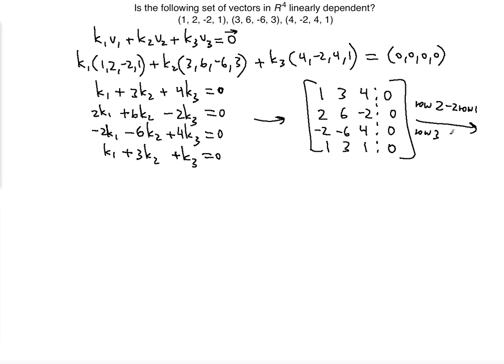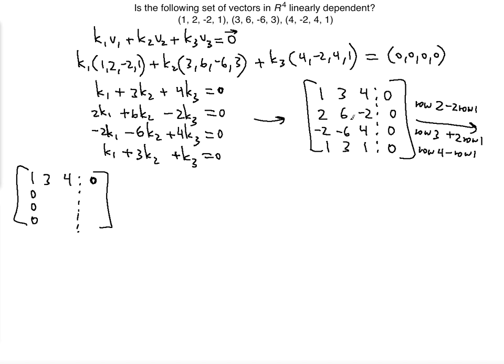Row 3 plus 2 times row 1, and simply subtract row 1 from row 4, so row 4 minus row 1. As a result, keeping the first row intact, we'll have row 2 minus twice row 1, so we'll have zeros there.